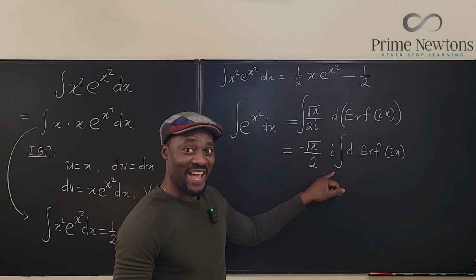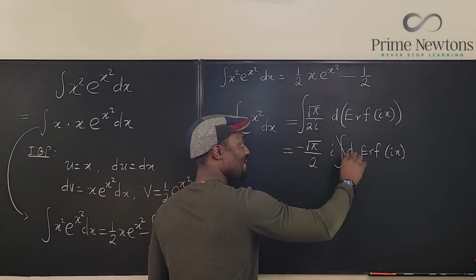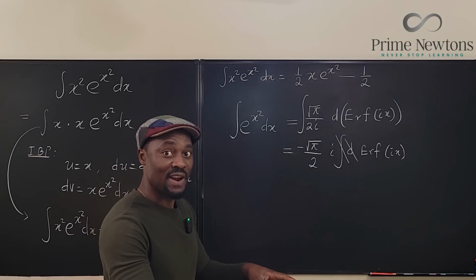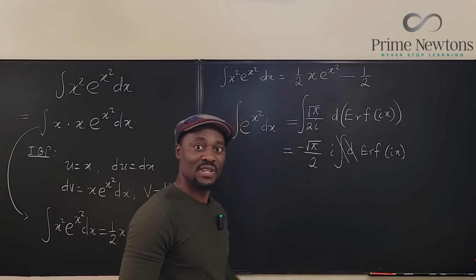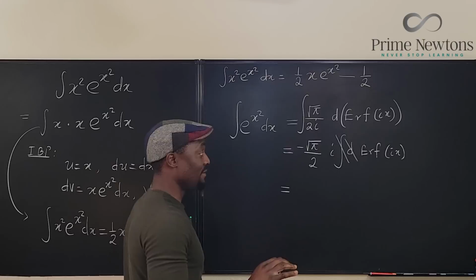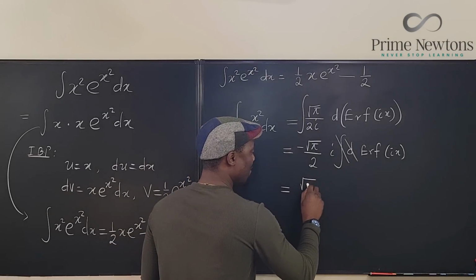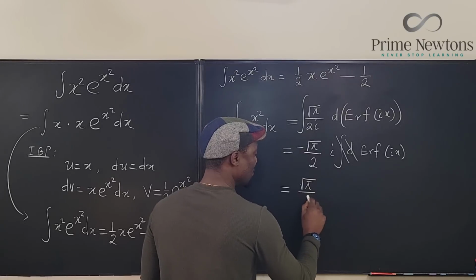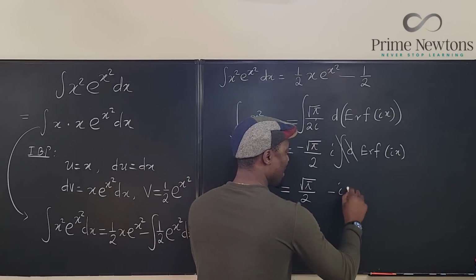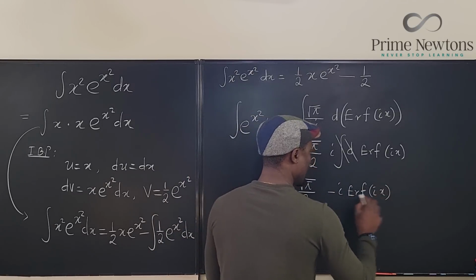So now what do we get? So smooth. Remember, the integral of a differential is just that expression that you had inside. So what do we have here? See, let me just make it clear from here. This is going to be the square root of pi over 2 multiplied by -i, the error function of imaginary x.